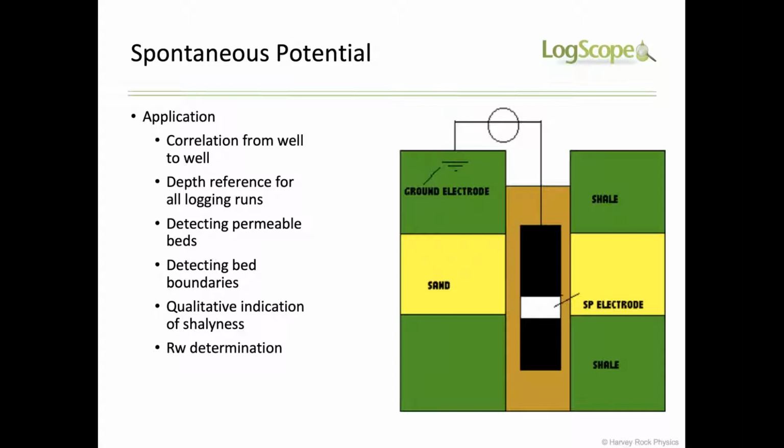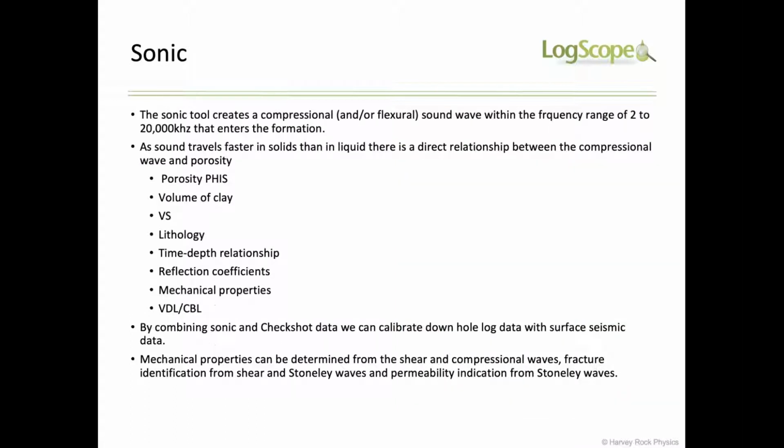It can be used for detecting bed boundaries. It can also tell you whether or not you've got permeable beds. And as I indicated, prior to, I guess, the 90s, it was one of the principal depth reference logs on logging runs.